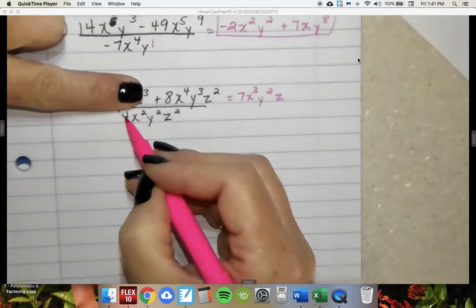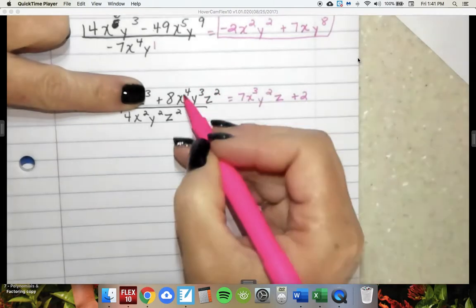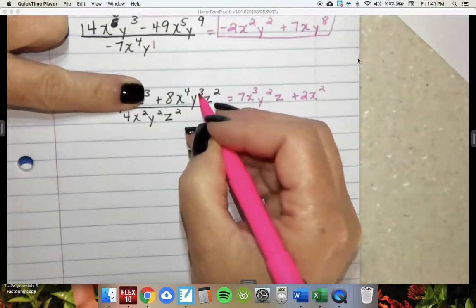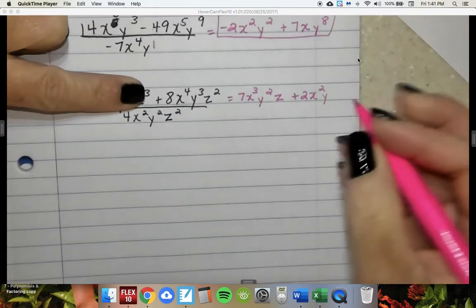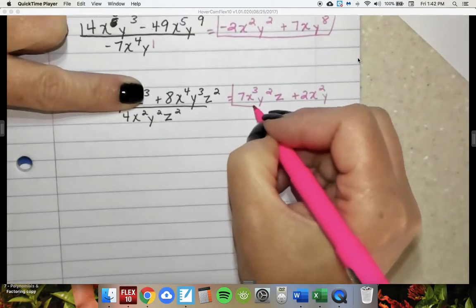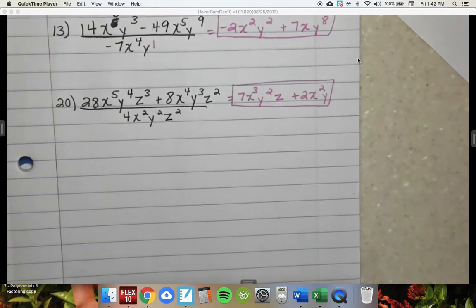A positive 8 divided by 4 is a positive 2 for my coefficient. x4, x2 leaves x2. y3, y2 leaves y1. z2, z2 cancels out completely, and this is your final answer. And that's one of the harder ones. Like, that's one of the sloppier ones.